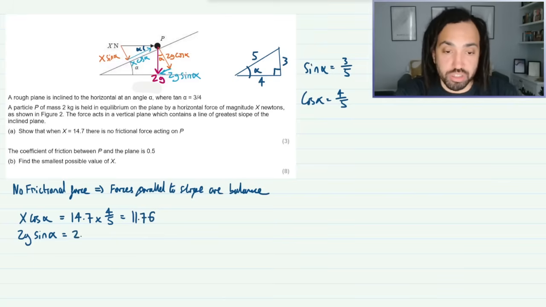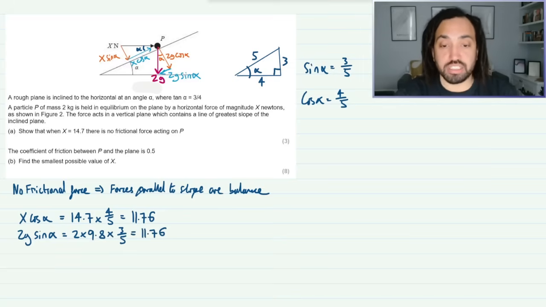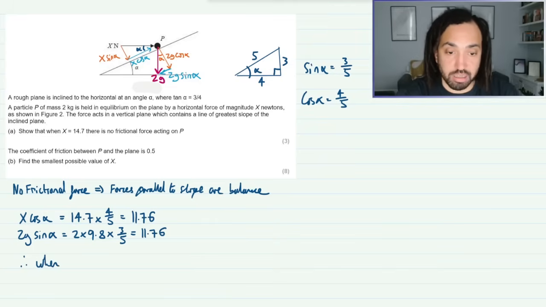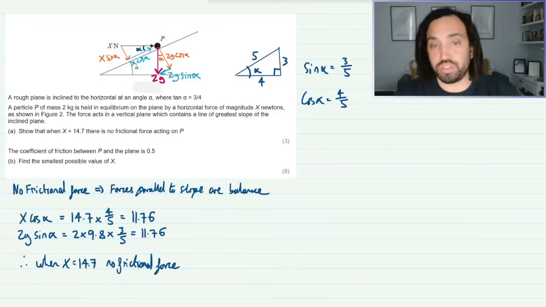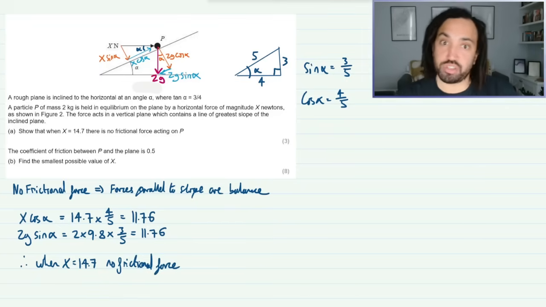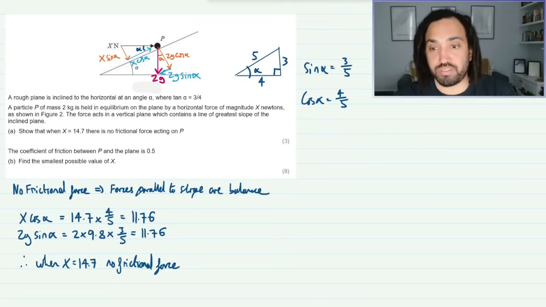And then the other one will be 2 times 9.8 times sine alpha, which is 3 over 5, and that is also 11.76. So we can say, therefore, when X equals 14.7, there is no frictional force. Okay, great. You could also just put a frictional force in and then show that it's 0 as well. That's a perfectly valid method of doing it.